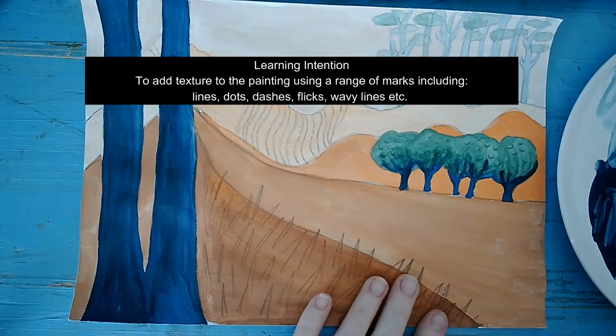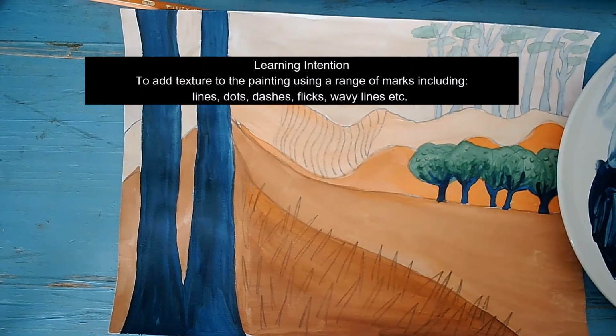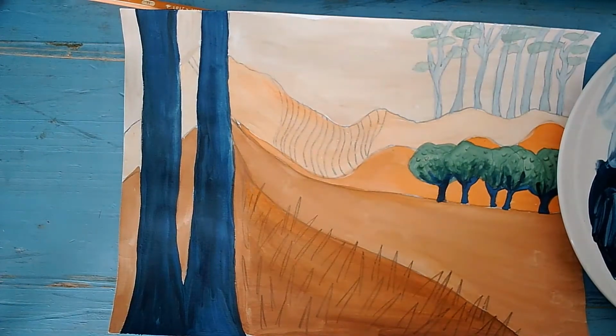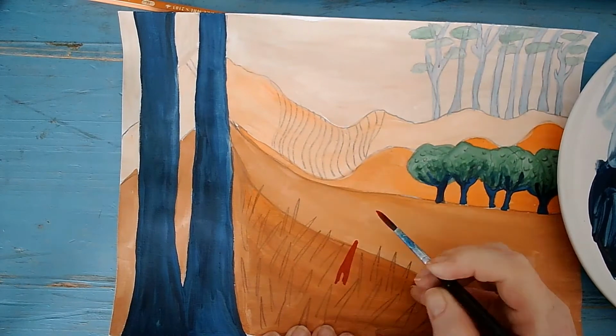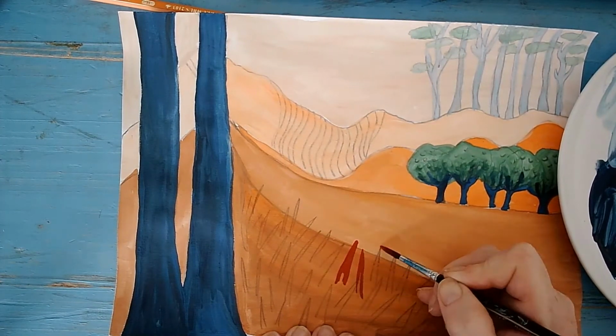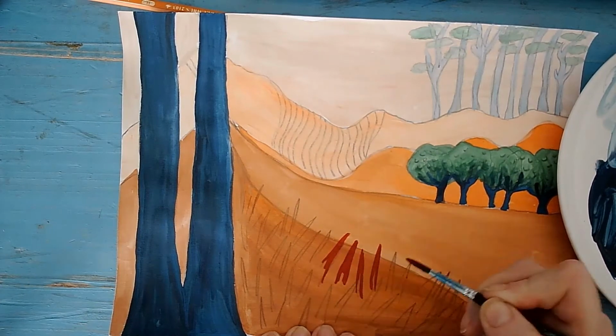So I'm going to start by adding texture in the foreground here, and I'm going to use a darker reddish colour for the foreground, and I'm going to add these jaggy lines to indicate the texture in the grass here at the front and the long grass. So that's what I've got here.